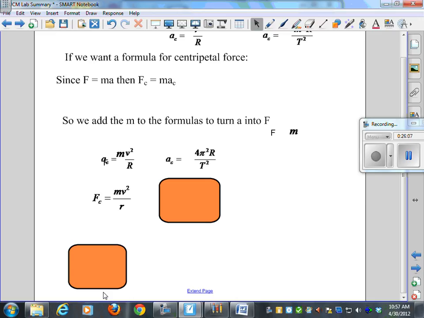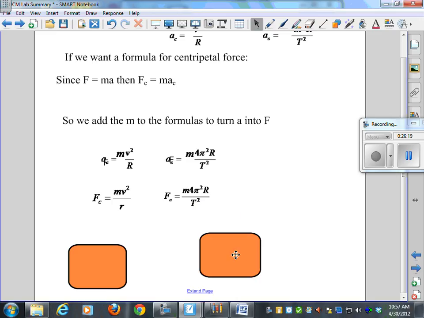The ones we just did in the last slide were for acceleration. They're almost the same. To turn into force, I just have to put a mass on that side. In other words, to get centripetal force, just multiply by the mass. They were AC, and then I made them into force by putting masses in there.